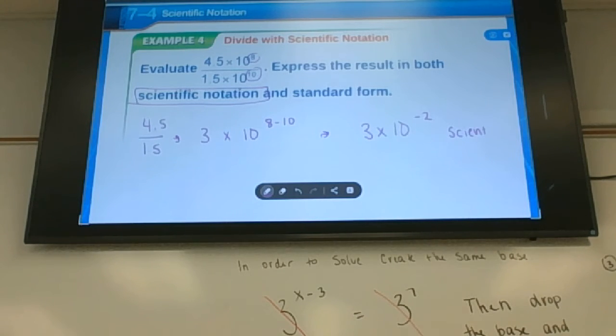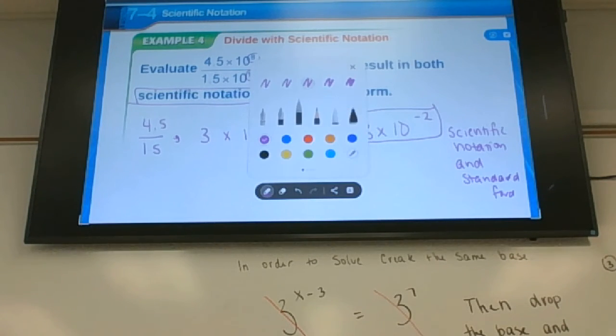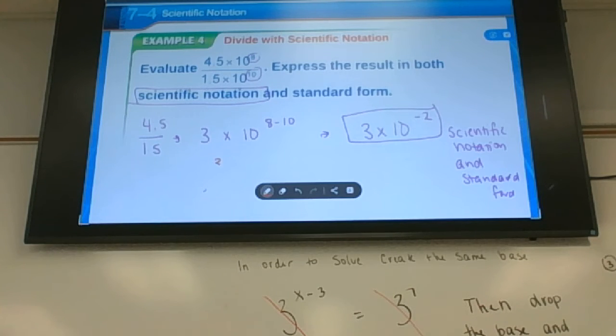It says write it in bold. What do you think? That's a good answer. So this is one correct answer. That's the scientific notation. Standard form: I'm going to move 1, 2 places.